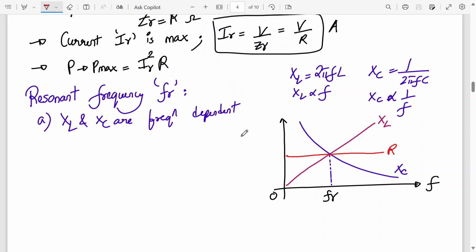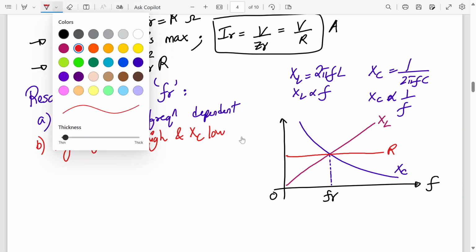As you can see, at higher frequency XL is high, and at higher frequencies XC is low, and vice versa. At lower frequencies XL is low and XC is high.